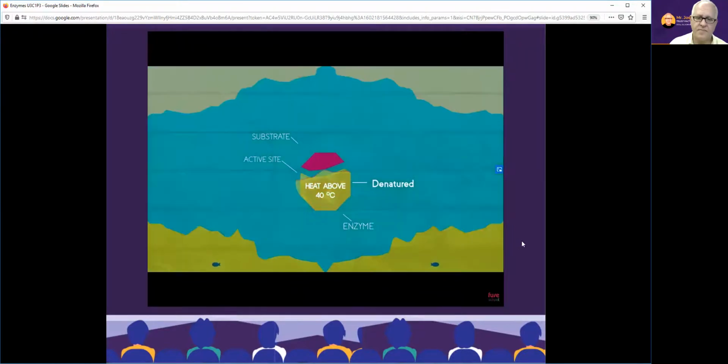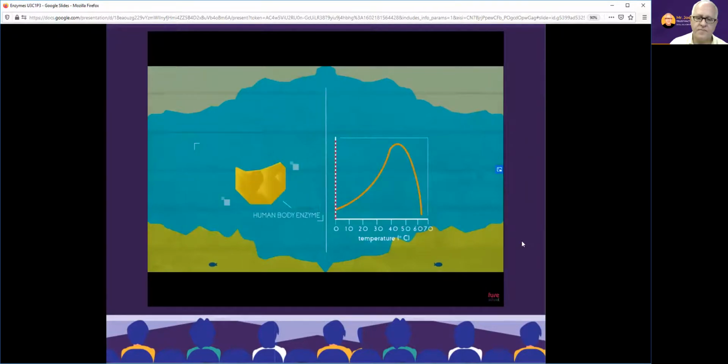So, for example, if the temperature of the environment is too high for the specific enzyme, it may become denatured. Typically, enzymes that operate in warm-blooded animals tend to have an optimal temperature of 37 degrees Celsius, which is body temperature.